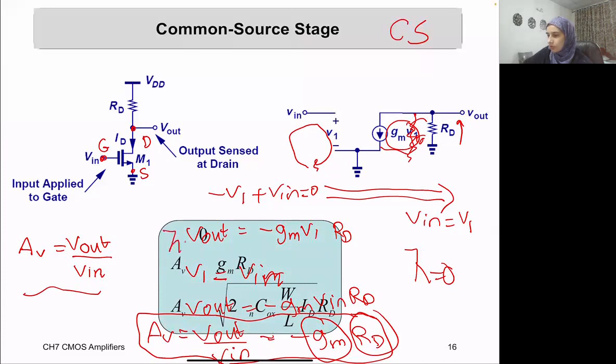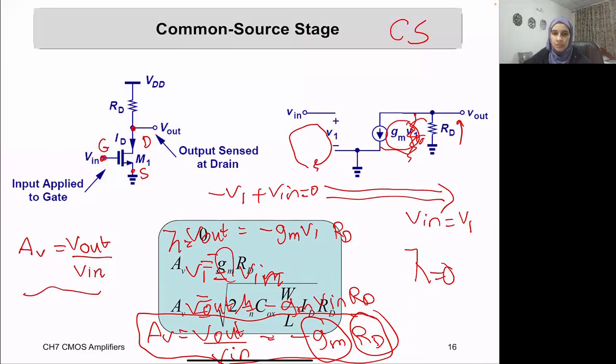Since lambda equals 0, the gain is equal to minus gm RD, and if we replace gm with the relation that we discussed earlier, we will reach the same.